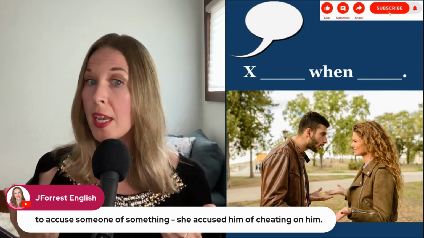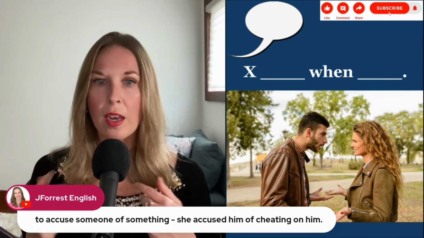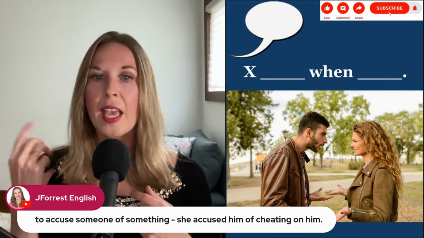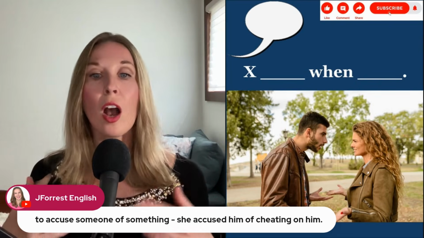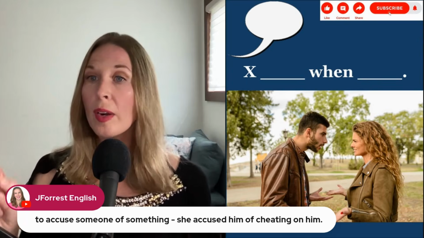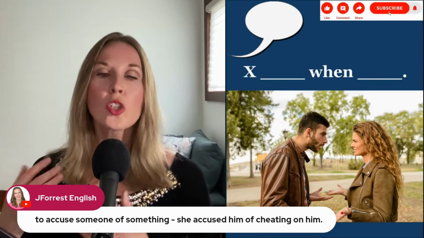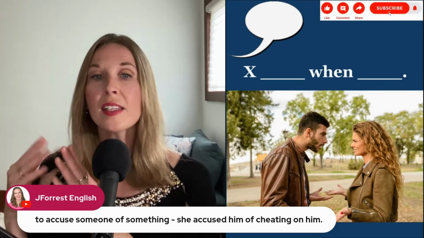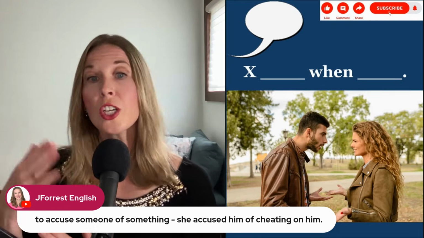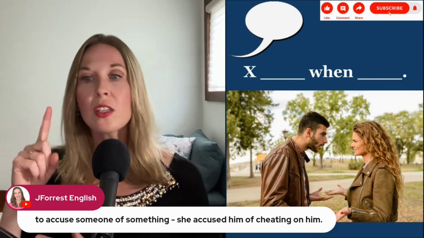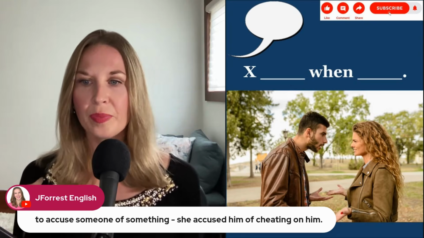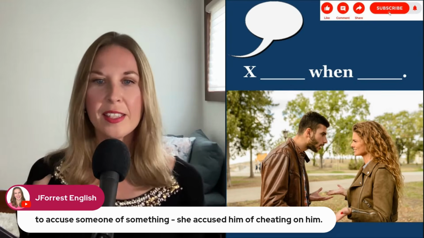She accused him, someone, preposition of, and then the verb in ing of cheating. And now we already learned previously that you cheat on someone. So you also have to remember that sentence structure. You don't cheat someone, you cheat on someone. Okay. Excellent sentence.